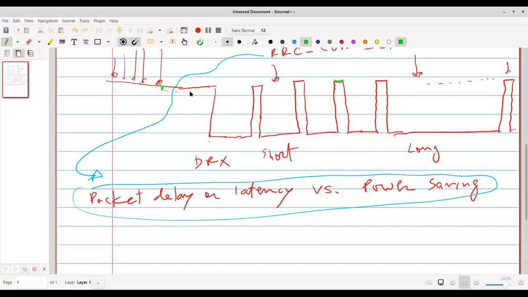But before the timer expires, if you find a new packet coming in, then of course you cancel the timer. You start listening to packets, and once again you find a gap in the packet transfer, you restart the timer from the beginning. The timer has to be started.